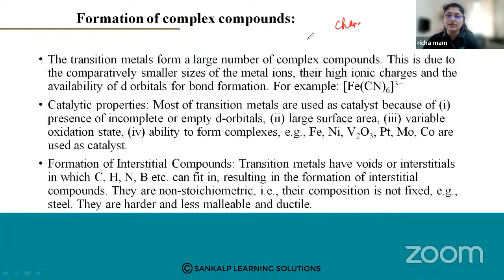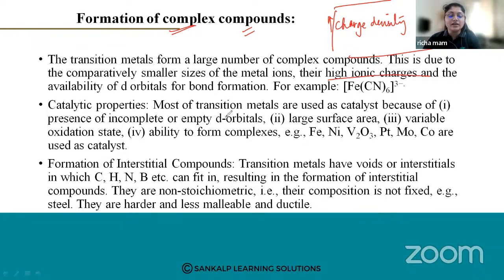How do you calculate the charge density? Charge density is equal to the charge of the ion upon the size of the ion. If the charge is more, obviously the charge density will be more. So this is the first reason why the transition metals form complex compounds: because of their small size and high ionic charges.